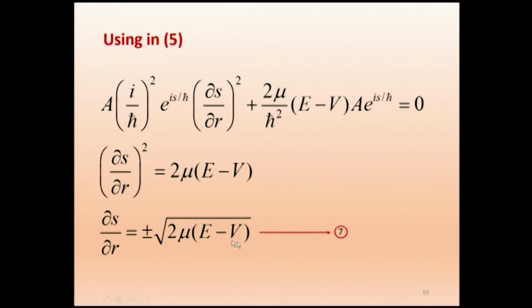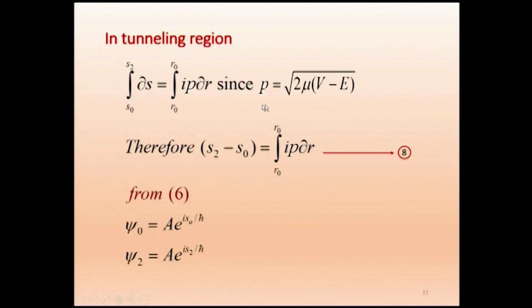But here it is E minus V, and in terms of momentum it is V minus E. Therefore we get one square root of minus, so we get one i value there.